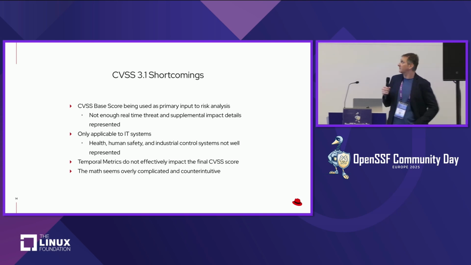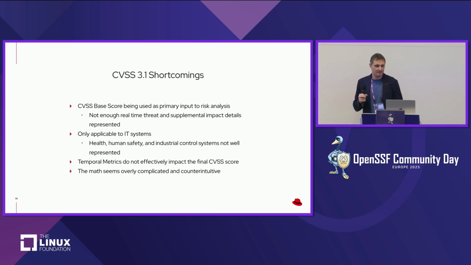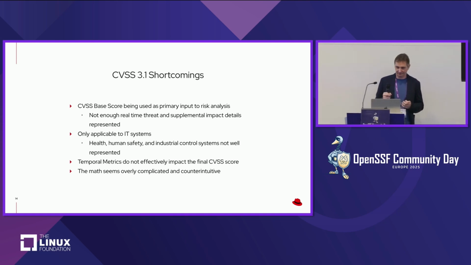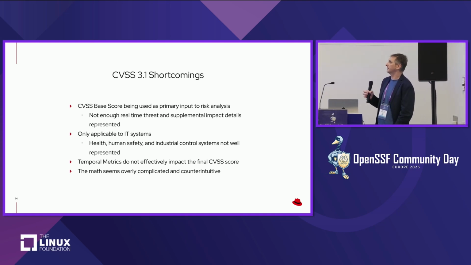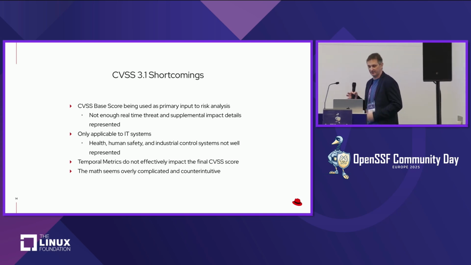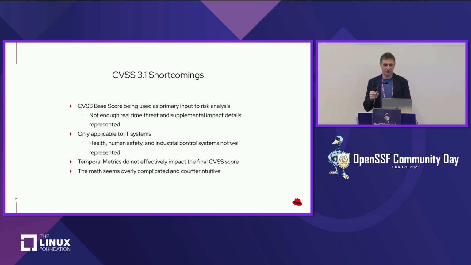There were a couple of shortcomings with the current version 3 standard. Basically, people didn't use the temporal and environmental scores too much, because they were not designed well enough for folks to be able to use them easily.